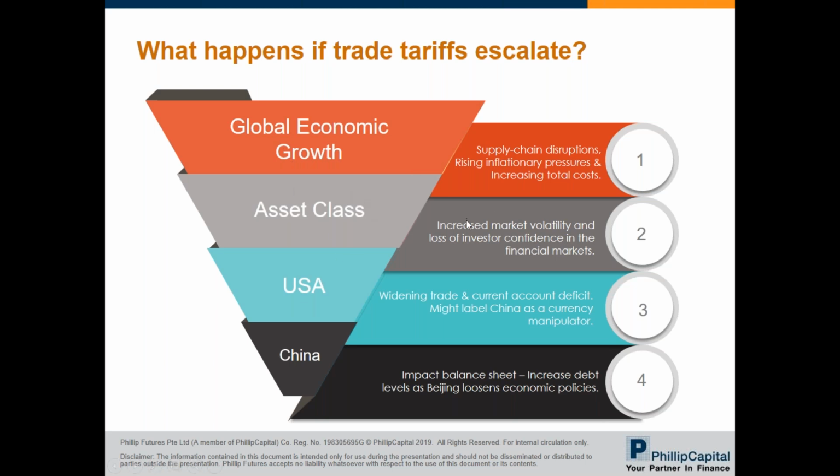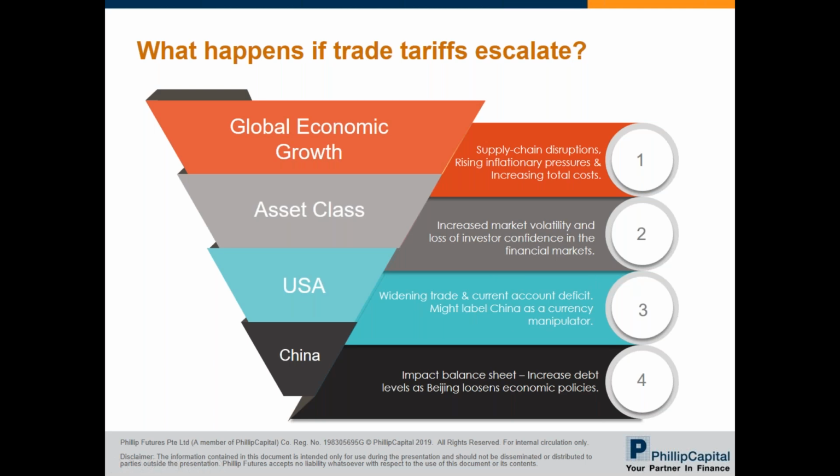In terms of asset classes, those will be impacted. We see increased market volatility, and the loss of investor confidence could lead to a massive sell-off. Now, the US, with a widening trade and current account deficit, is not going to be good for the balance sheet.